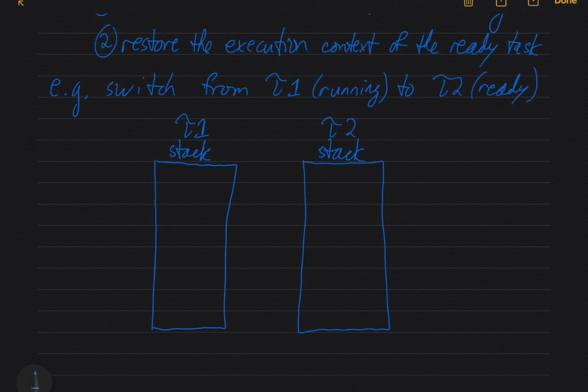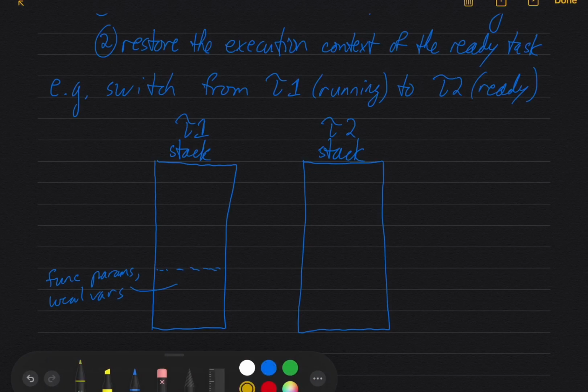And so task 1 is running, and let's just say that the stack is currently at this level. So what we would have stored on there would be the function parameters and local variables.